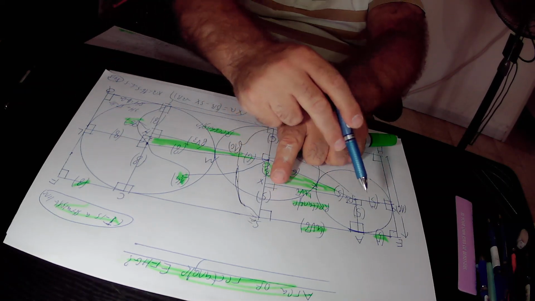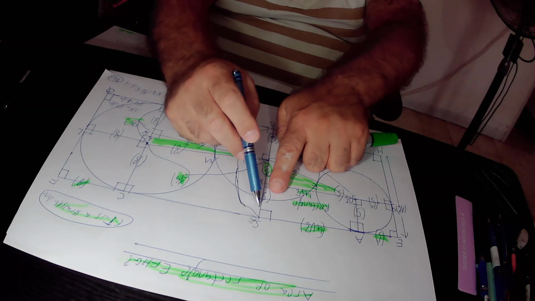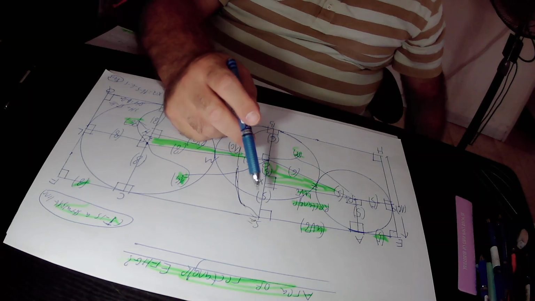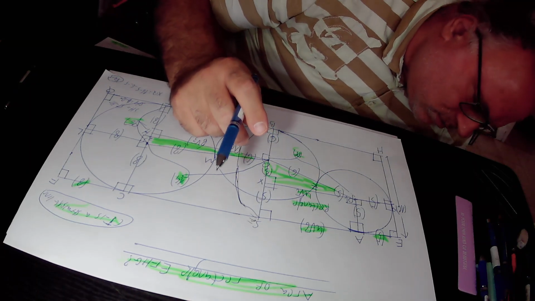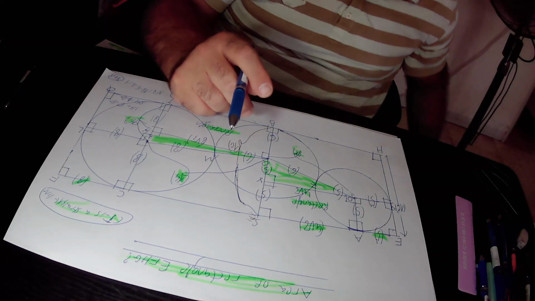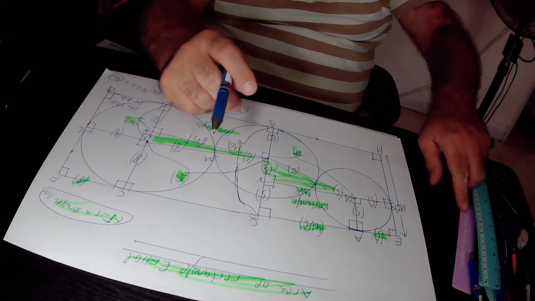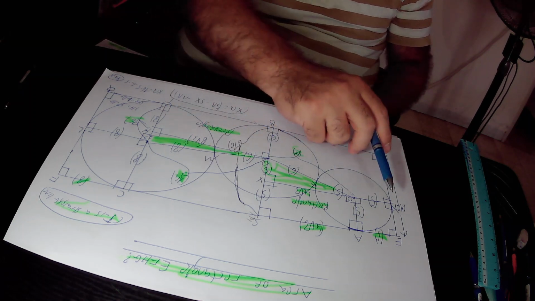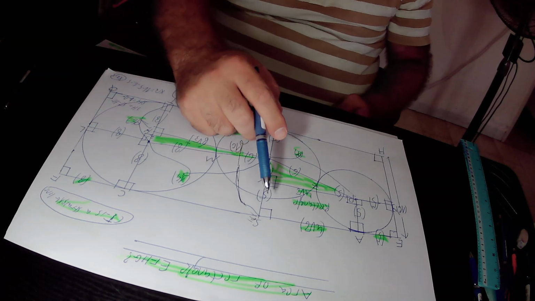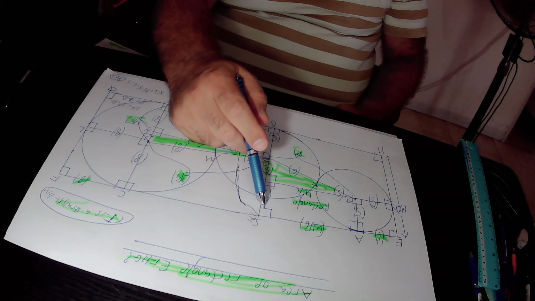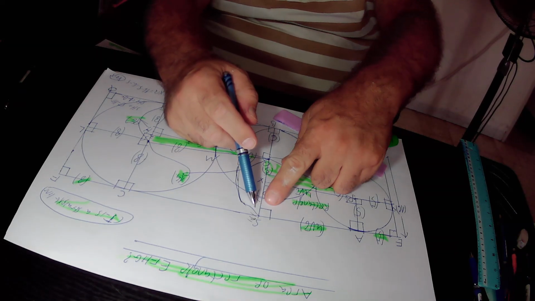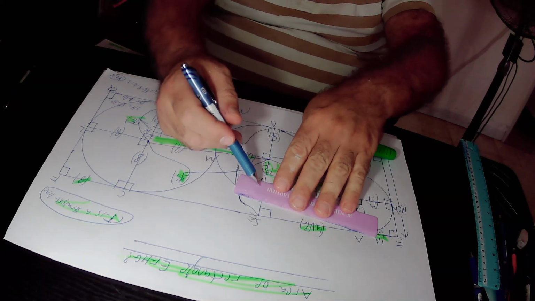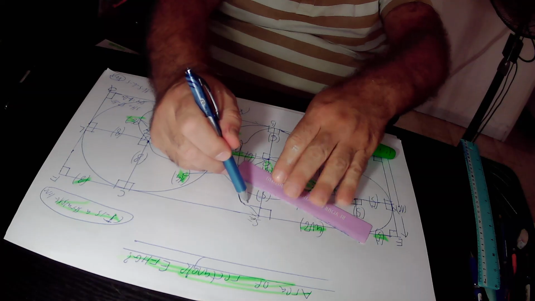If we focus on the straight line EF at point S, the sum of the angles must be equal to 180 degrees according to rule 3. Rule 3 states that the sum of the angles on one side of a straight line is equal to 180 degrees. So which angles do we have on the lower side of EF at point S? We have this angle, which is a right angle, plus this missing angle. In total, the sum of those two angles must be equal to 180 degrees according to rule 3. Therefore, this missing angle must be equal to 90 degrees.